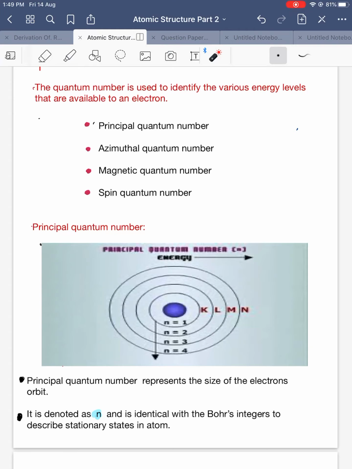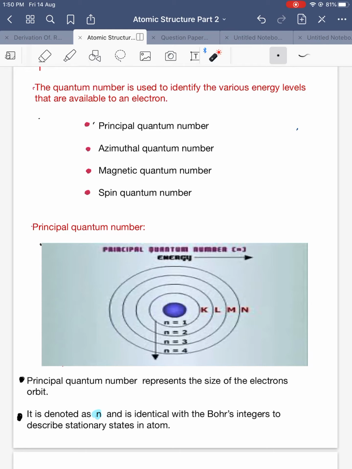Principal quantum number represents the size of the electron orbit. It is denoted as n and is identical with Bohr's integers to describe stationary states in an atom.